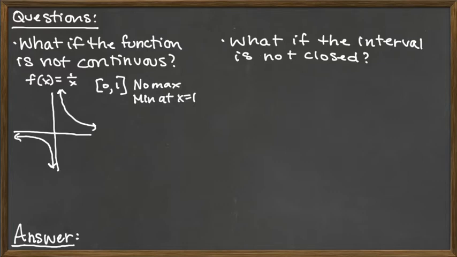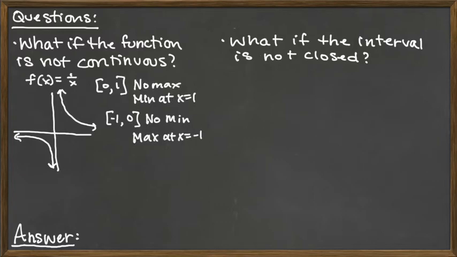Likewise, if we were to look at the left-hand side of 0, we would have no global min because the left-hand side of 0 is trailing off to negative infinity. But we would have a max, and the max would happen at x equals negative 1.